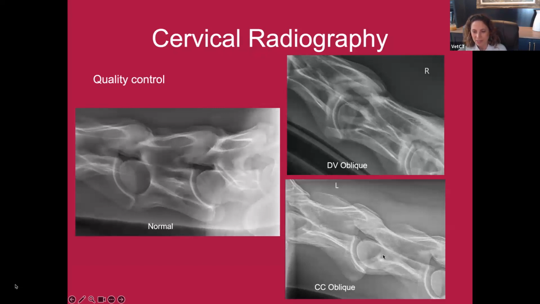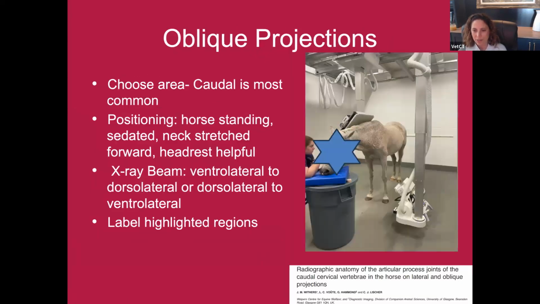In this case, it's oblique in a craniocaudal orientation. I can see the cranial aspect of one transverse process in the front, and then the second one is superimposed just caudal to that. Same thing here. Here's one transverse process, here's the other. That tells me the horse's neck is either bent a little bit away or a little bit toward the generator. When I see that, I'm going to straighten out his neck and try again.